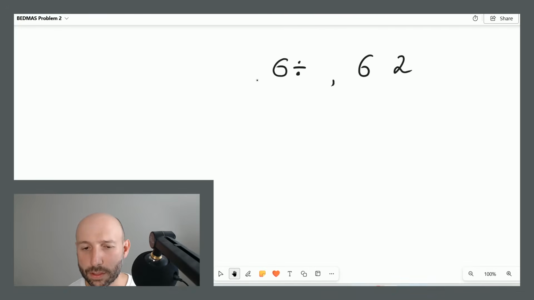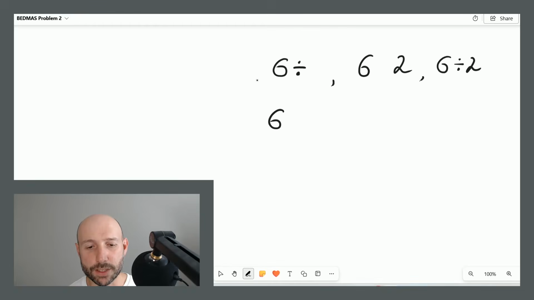What do I do with this 2? Just like in the first situation, okay, divided, but divided by what? But if you write 6 divided by 2, that is a clear instruction. Divide something by 2. So every mathematical process of this nature has to have an operation and a number.